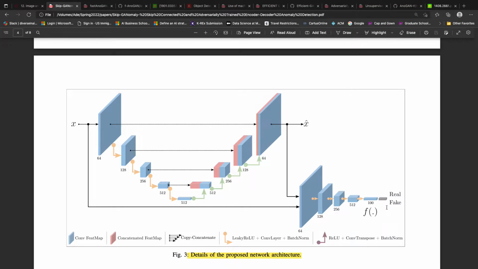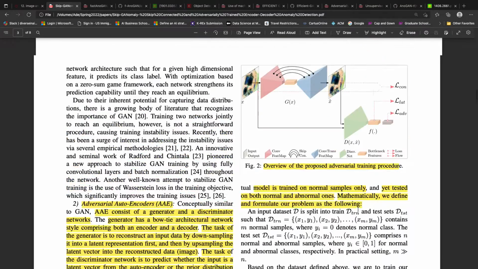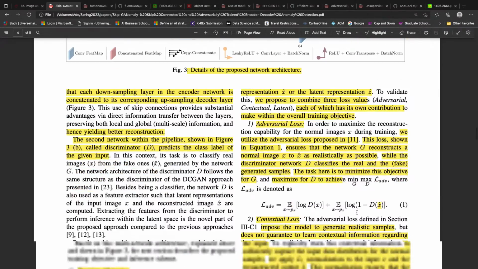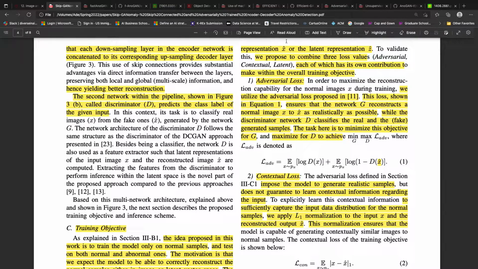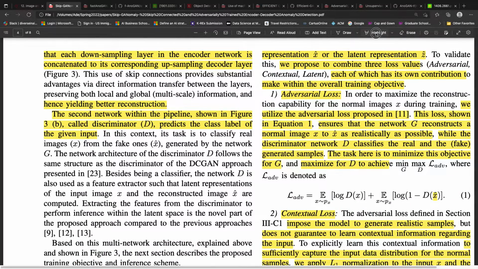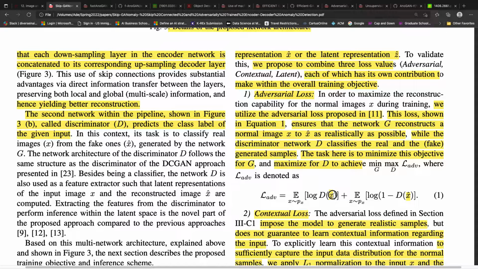So now let's look at the loss function that is being optimized with the discriminator. The discriminator loss function is this adversarial loss. So what is happening is that the discriminator is taking samples from the normal class, normal instances, and it's also taking the reconstructed samples.